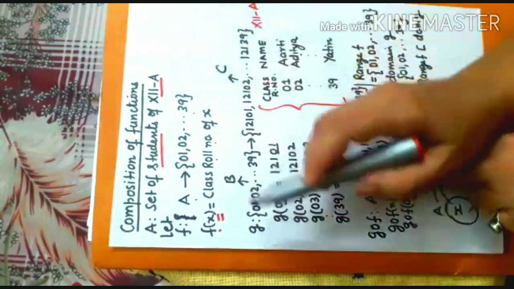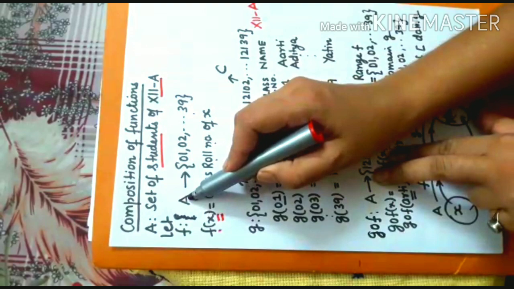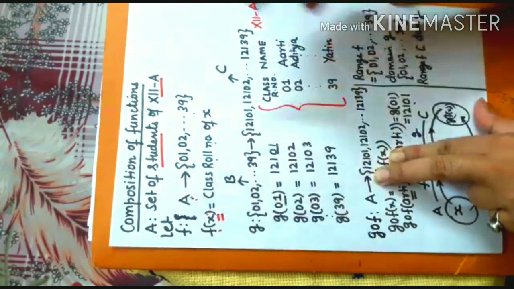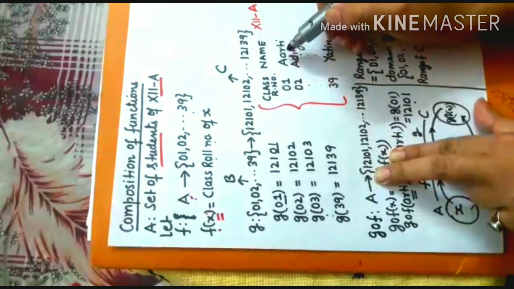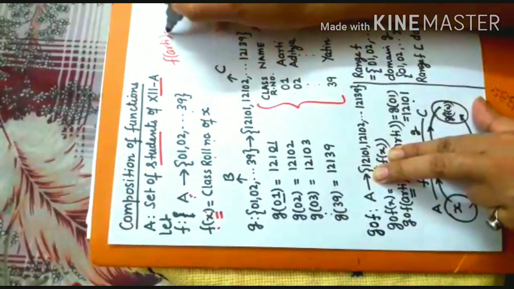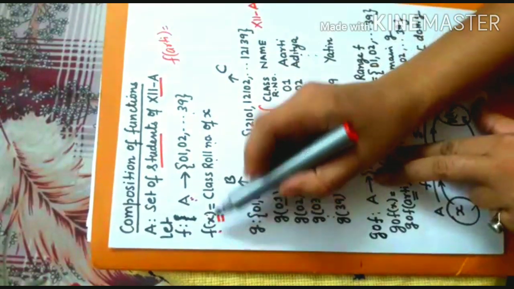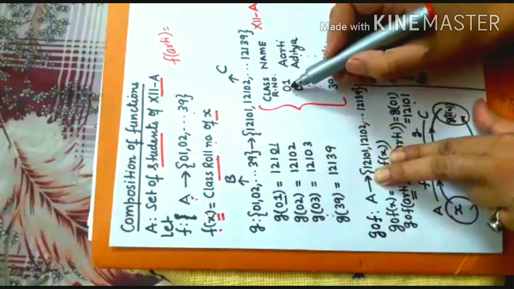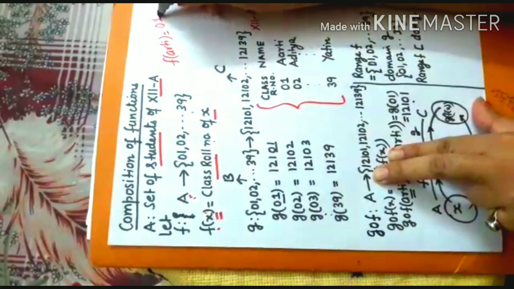So, definition of the function F says that image of any element is the class roll number of that element. So, x should belong to the domain, that is the set of students of 12th A. So, if I take x to be Aarti, then image of Aarti under the function F will be equal to the class roll number of x, which is 01. So it is this.